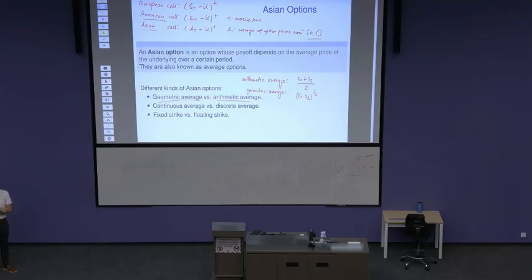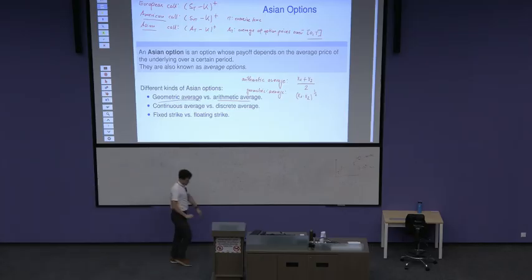Because our framework, the Black-Scholes framework, is in continuous time. Very often we see that if we have these continuous time considerations, we get closed form solutions. So it might be nicer to consider the continuous average as an approximation for high frequent observation, let's say.